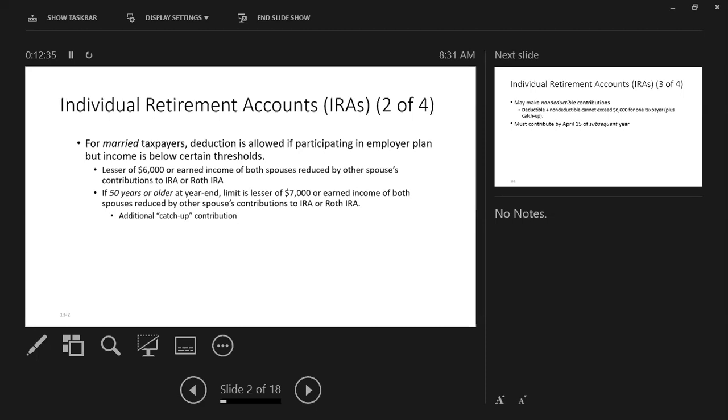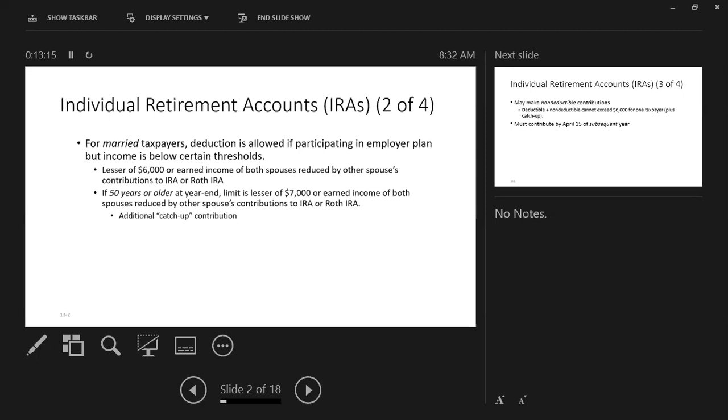Now, assume the same facts, except Tina and Steve file separately. They are very stringent on people who file separately. So you can make a contribution, but if either spouse, this is back on page 1321, is an active participant in an employer's retirement plan, then each spouse's deductible contribution is phased out over that spouse's MAGI as follows.